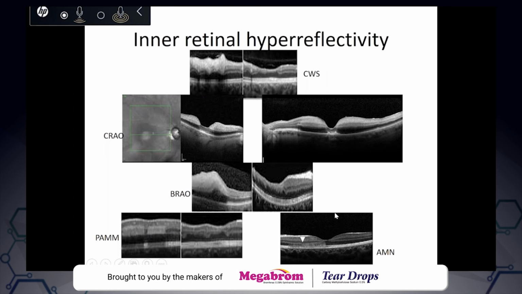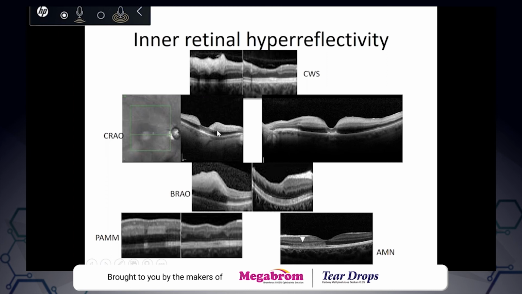This is actually due to ischemia of the deep capillary plexus. Another patient complaining of sudden central scotoma. When you see, this is the outer plexiform layer. OCT will show you hyperreflectivity, actually posterior to the outer plexiform layer.